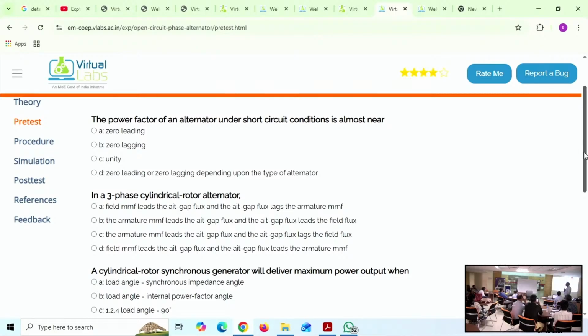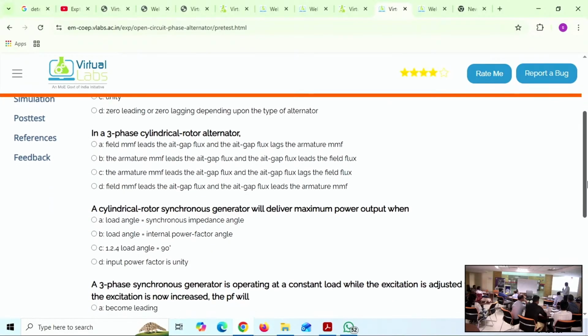It is because when the terminals are short circuited, no other load is connected. The alternator winding drop itself acts as the load, and the current flowing is purely inductive. Considering resistance also, ideally it should be zero lagging. Click zero lagging. Next.